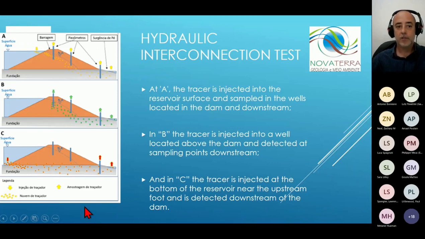Here in this picture, we can see three hydraulic connection tests. We can inject the tracers in the reservoir water and sample or detect in monitoring wells, inside the dam or downstream of the dam.